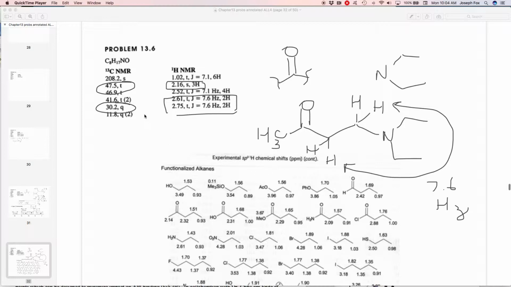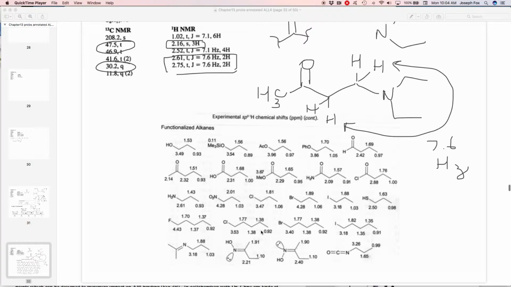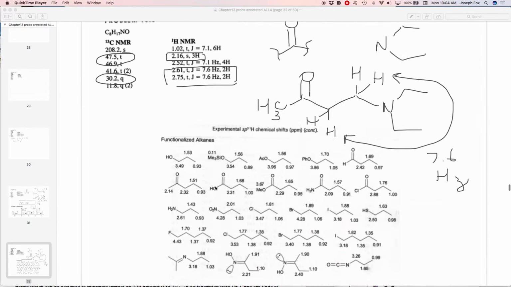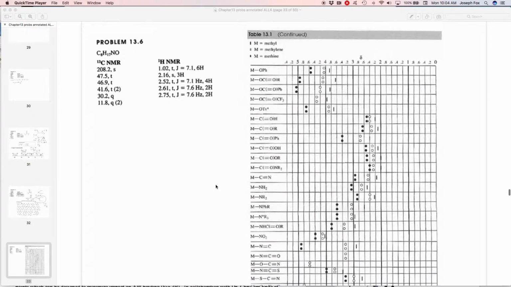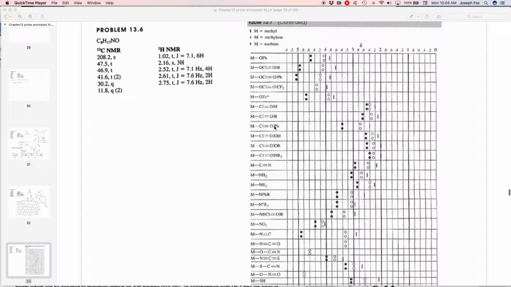Okay, so we have a methyl group that we need to put in, and we see that this methyl group is appearing as a singlet at 2.1 ppm. Okay, so that is not really on this table, is it? But that methyl ketone group, if we go to this table, we can see that a methyl ketone would be expected to come at about 2.1 ppm.